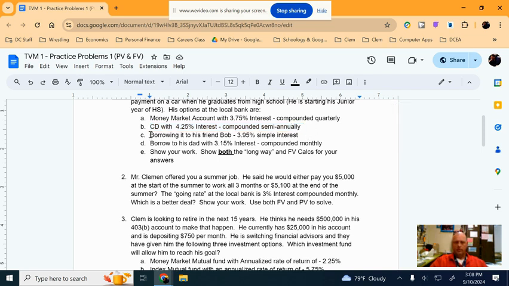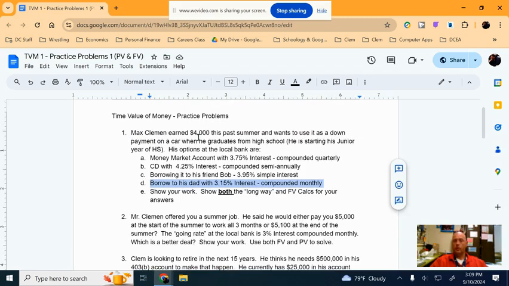He can lend it to his friend Bob, and Bob will pay simple interest of 3.95%. He can lend it to me, and I'll pay him compound interest monthly, but I'm only going to pay 3.15%. So 4 options. Which one is the best option? Which one is going to give him the most bang for his buck so that he has the most amount of money to go buy this vehicle?